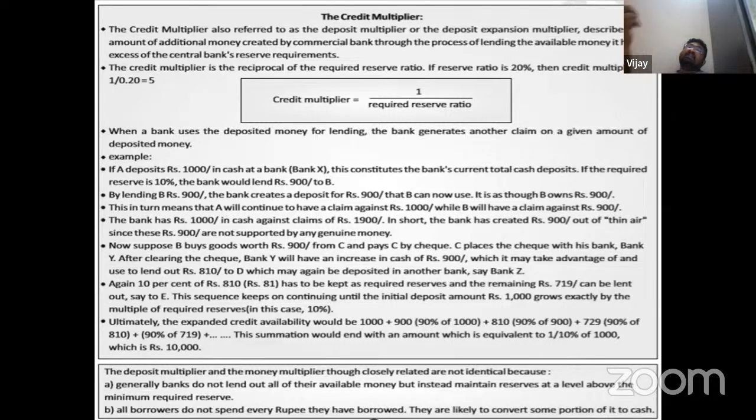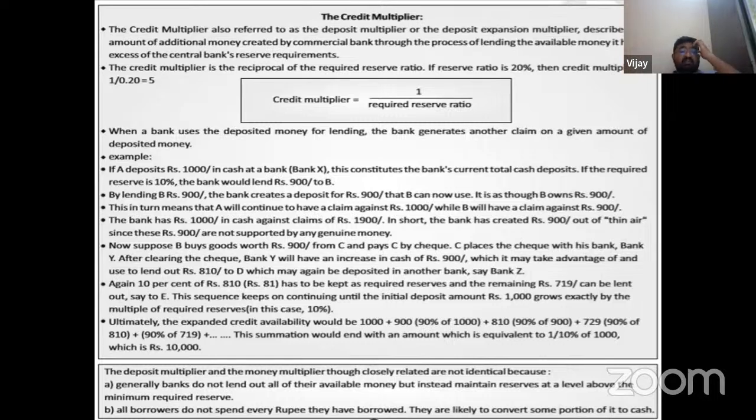Then when the other bank accepts this check, that will be a deposit. On this deposit, that bank will maintain a reserve of 10%, and the balance will be given as loan. Like that, the next person who gets the loan will deposit in another bank. 10% will be kept as reserve, and the balance will be given as loan.